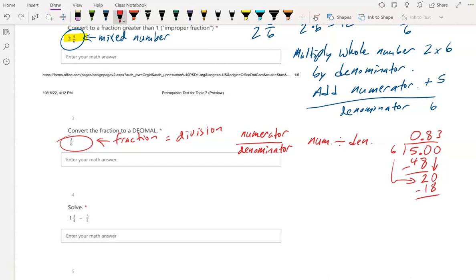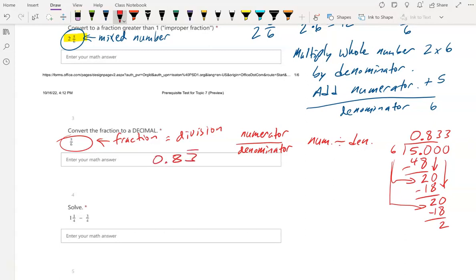And I subtract now. 20 minus 18 is 2. I have a remainder. I have to bring that 0 down. And I divide again. 6 goes into 20 3 times. And you'll probably start to recognize that this is just going to keep doing that over and over and over again. So we can say that 5/6 as a decimal is 0.83 repeating.